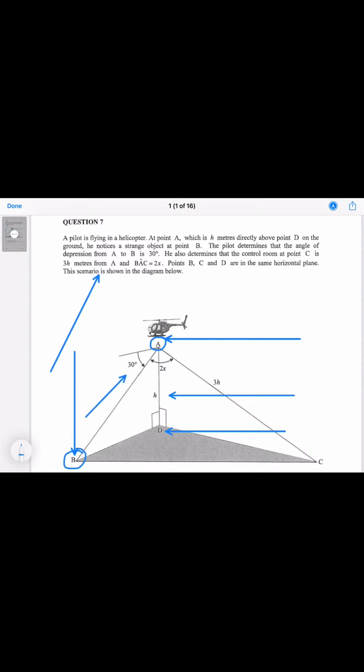He also determines that the control room at point C is 3h meters from point A.